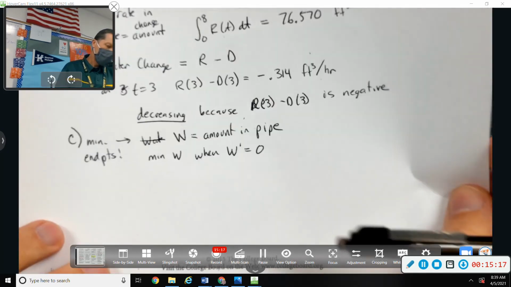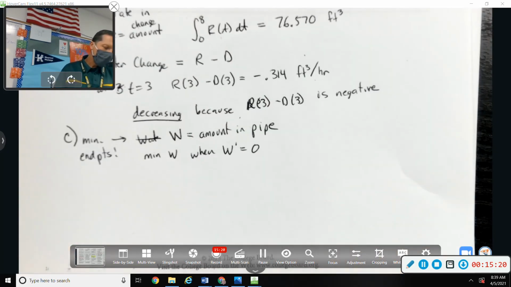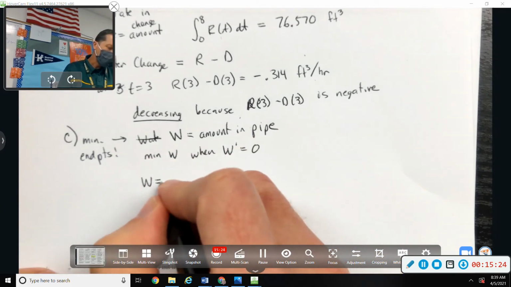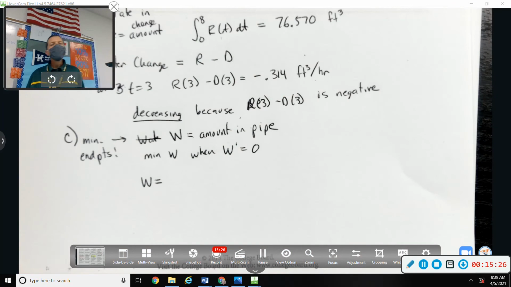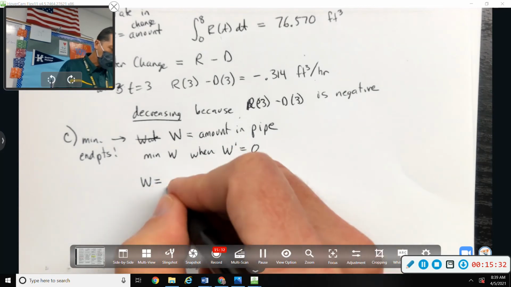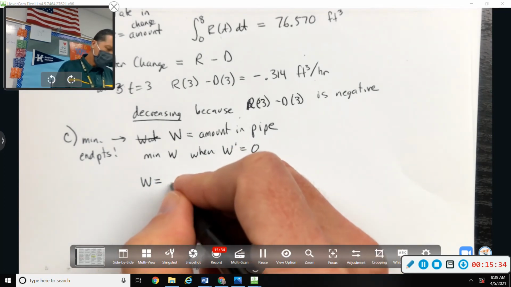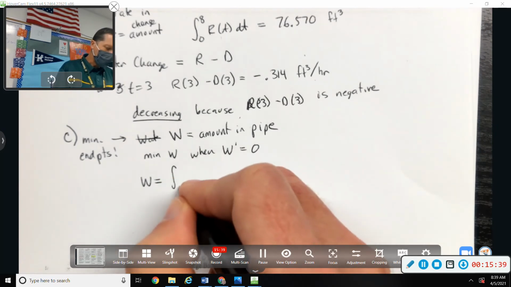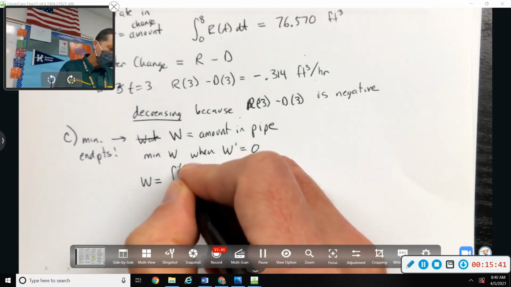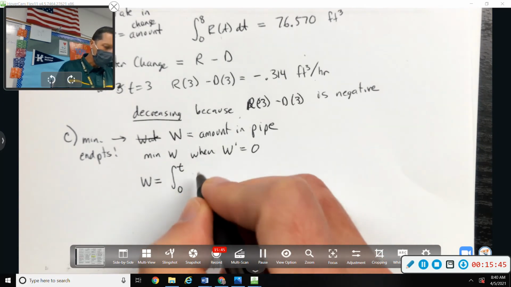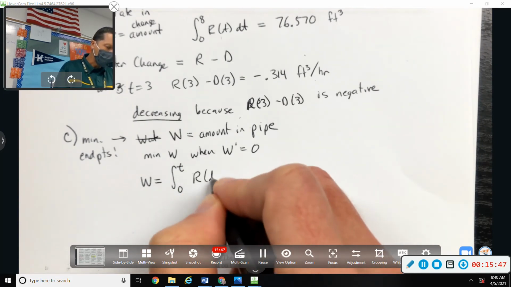Let's see. I'm also going to need to figure out how much water is in the pipe. So if I integrate the rate, I get the change in the amount. And W is the amount. So I'm going to integrate from 0 to t. Let's get the signs the right way. R is what's going in.